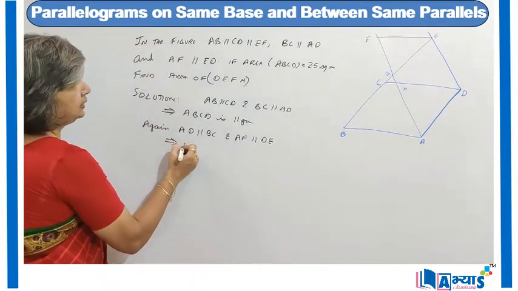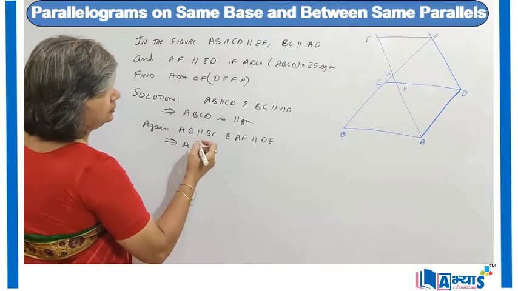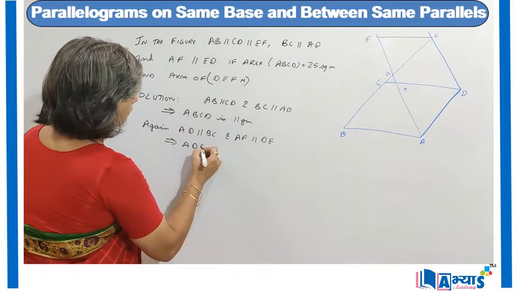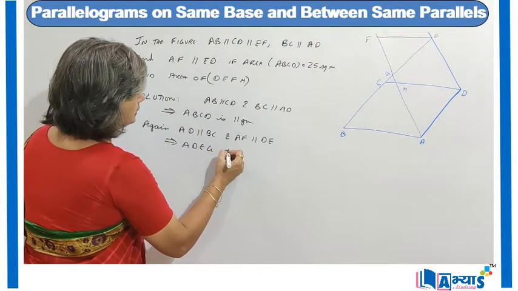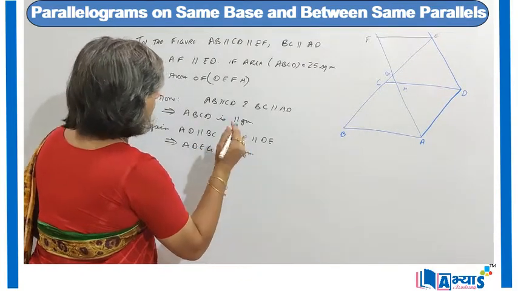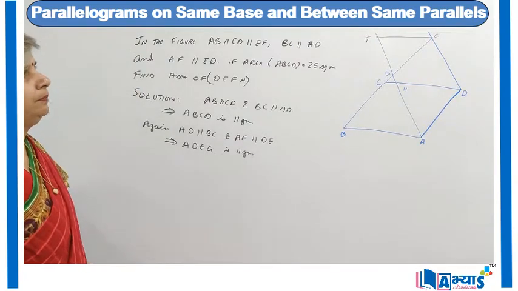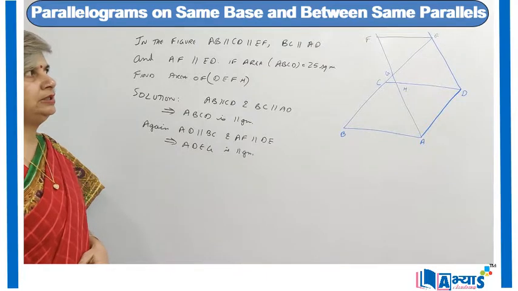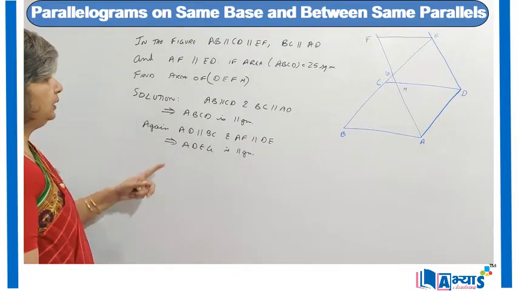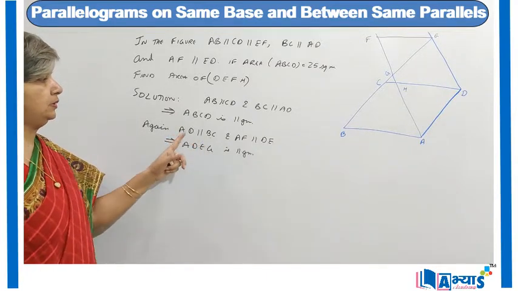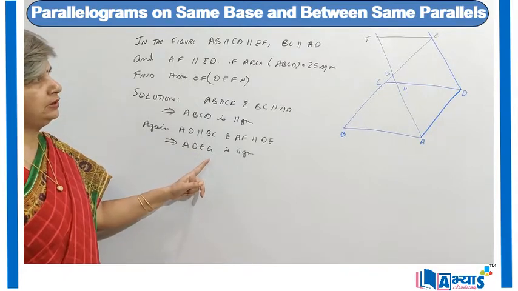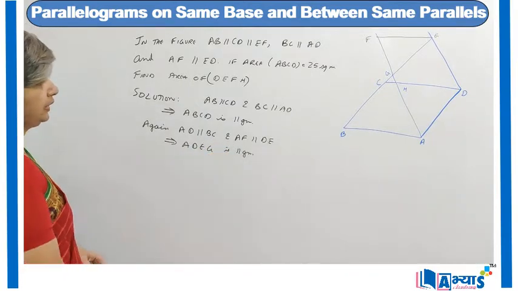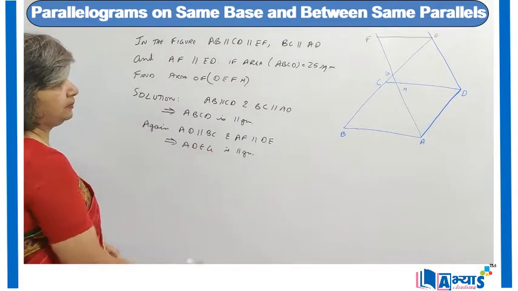This implies ADEG is a parallelogram because AD is parallel to BC, and when BC is extended, GE lies on the line BC. So as AD is parallel to BC, AD is also parallel to EG. Moreover, AF is parallel to ED, so we can say that ADEG is a parallelogram.